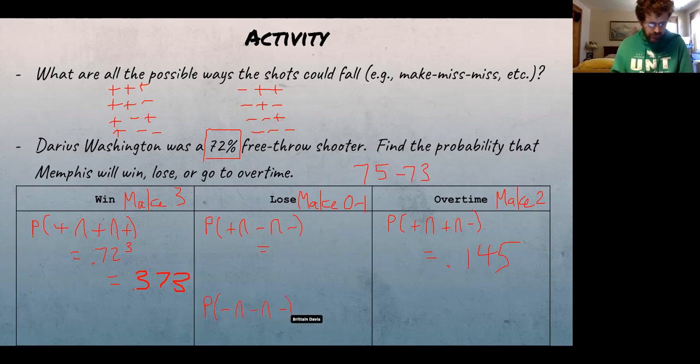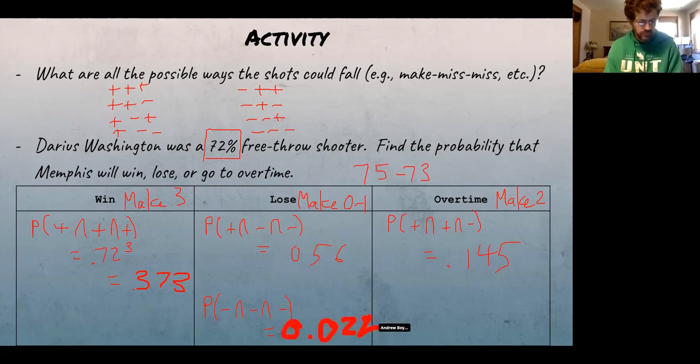We have to calculate 2 probabilities. Probability of missing all 3. So you guys could put what those probabilities are. All right, good all around.